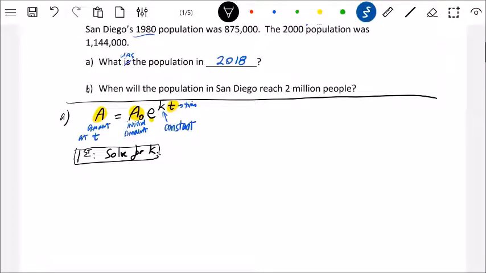Using (0, 875) and (20, 1144). Let me write this out again first, and right underneath it we'll put the numbers.